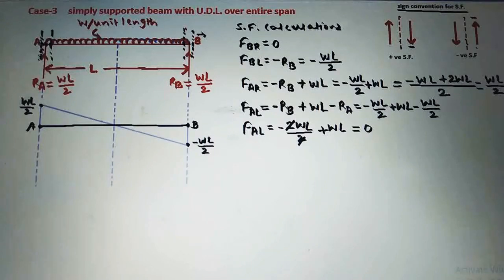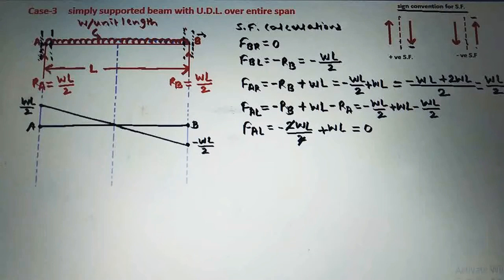As there is a loading between A and B, the shear force diagram will be an inclined straight line. So this is the inclined straight line we have drawn here.